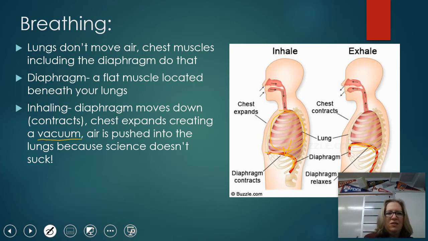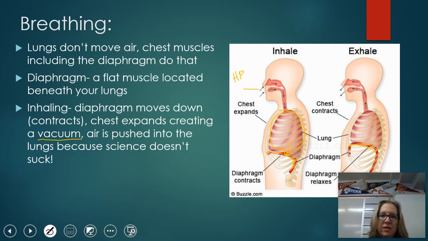A vacuum is like no pressure, okay? It's not quite a complete vacuum. Anyway, extra space, lower pressure. It means there's higher pressure out here. I'm just gonna put HP for higher pressure. You're gonna learn in 8th grade science that high pressure always pushes to low. And so the air actually gets pushed in when that diaphragm goes down.